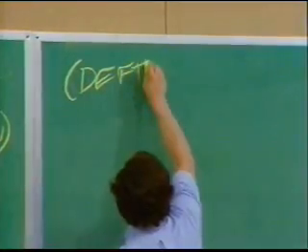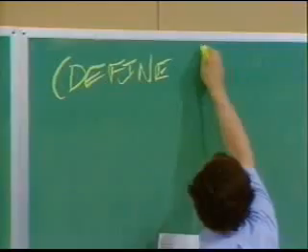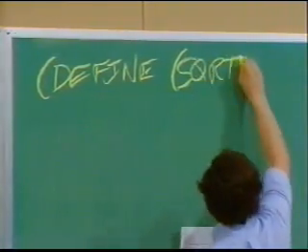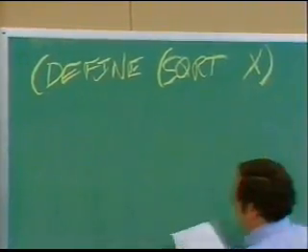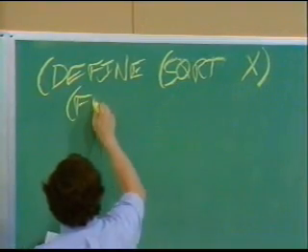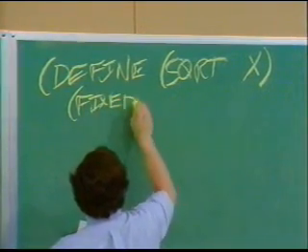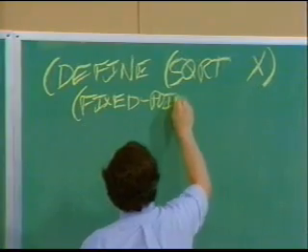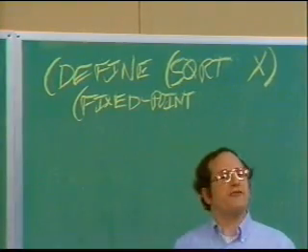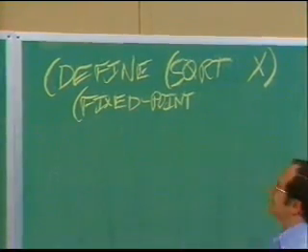I'm going to define the square root of x to be a fixed point of the procedure resulting from average damping. Okay?